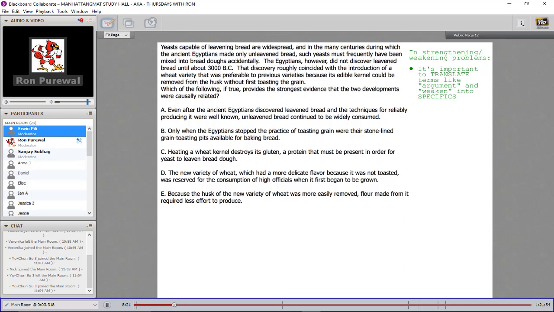And then also don't forget that the things that strengthen or weaken the argument are not going to be rigorously connected by formal logic.